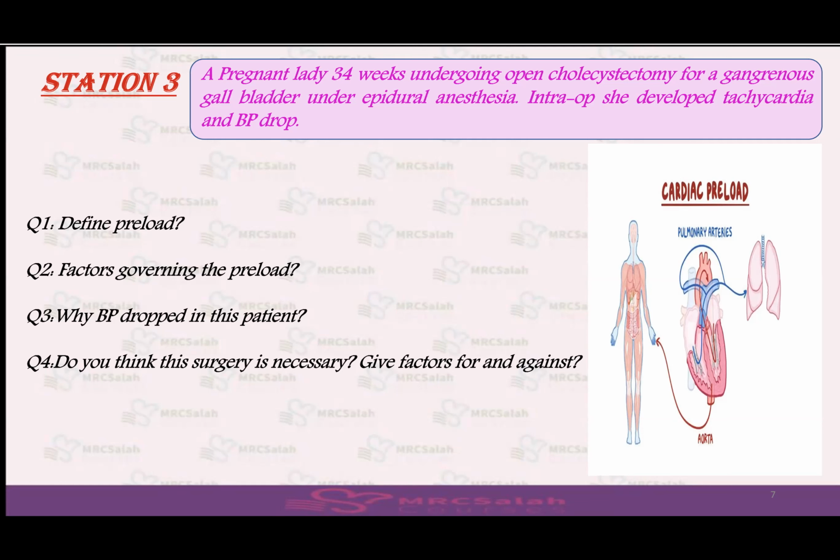Okay, because there may be hypotension due to bleeding during surgery, and it may cause ischemia to the baby. Okay, may cause intrauterine fetal death. Also, maybe due to sedation for anesthesia. Sedation will not kill the baby. Maybe the anesthetic medication, but not the sedation for sure, because the baby will be a floppy baby, but he will not die. Okay. But he could die because of sepsis if we delay the surgery or if we do not do it.